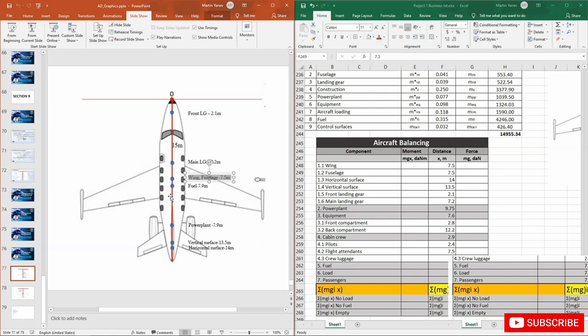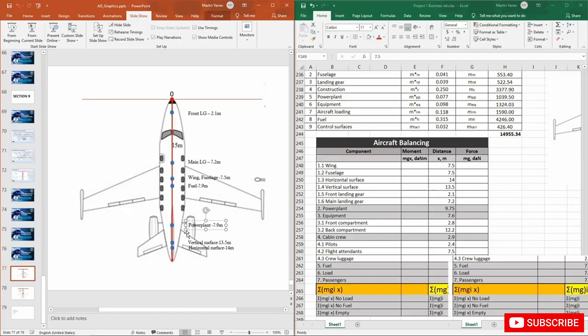Obviously the fuel is going to be located in our wings. Then the power plant is at 7.5, and this picture is a bit tricky, but at 7.9, and they are going to be a little bit forward, just close to the wings.